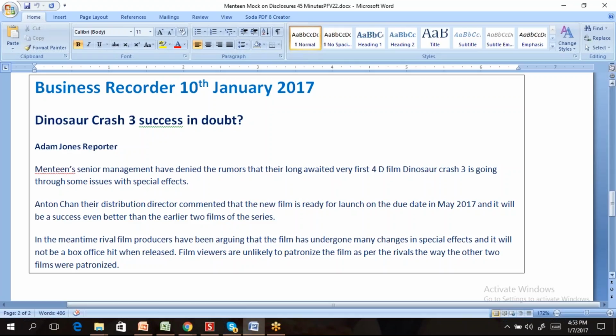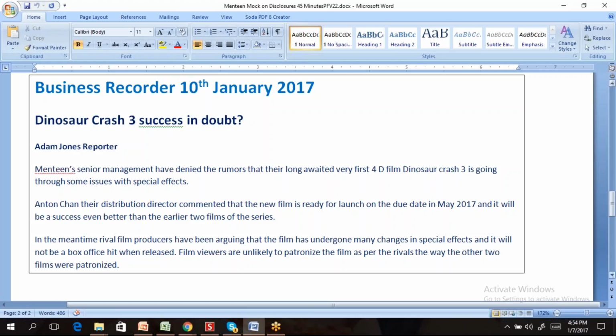In the meantime, rival film producers have been arguing that the film has undergone many changes in special effects and it will not be a box office hit when released. Film viewers are unlikely to patronize the film, as per their rivals, the way the other two films were patronized.